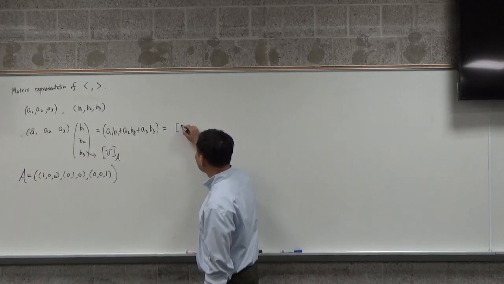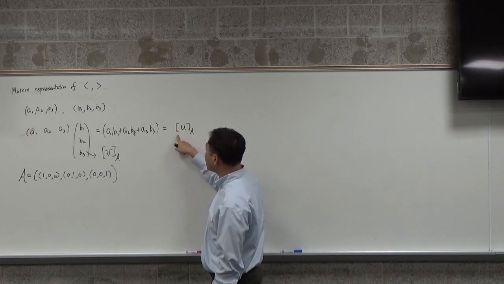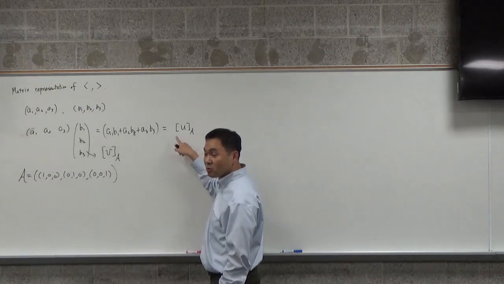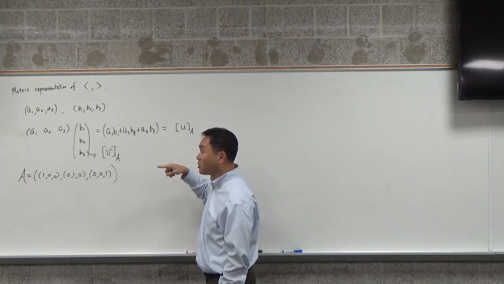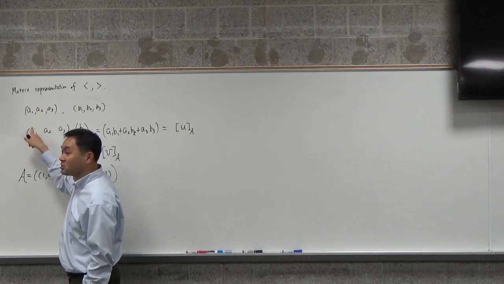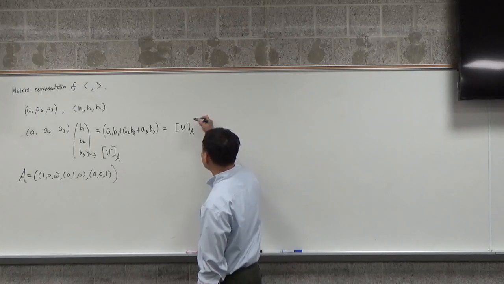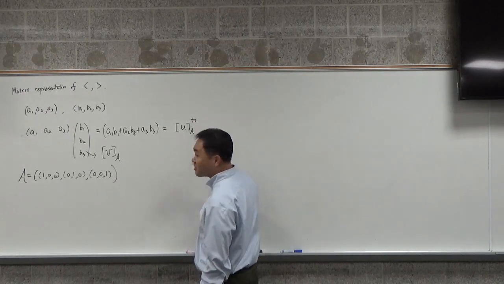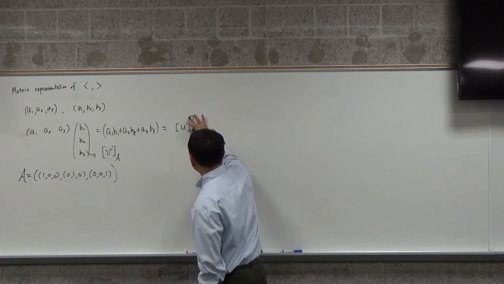We have the vector U represented under A, but our matrix coordinate vectors are column vectors, whereas here I need a row vector. What takes a column vector and makes it a row vector? Remember? Transpose.